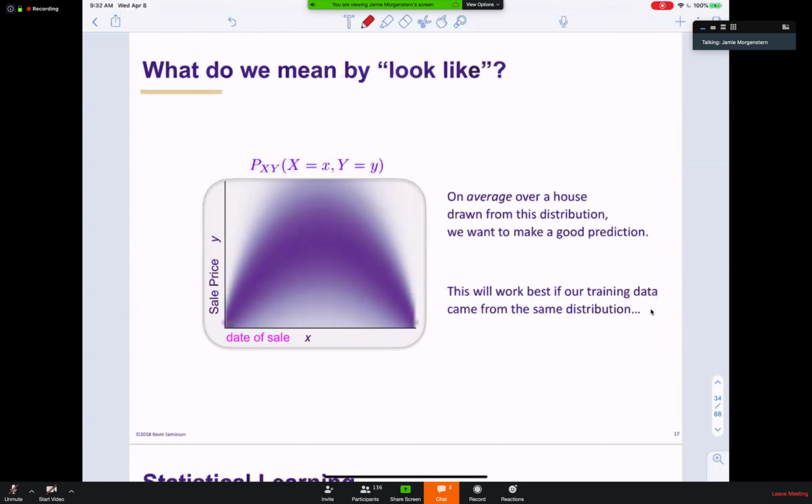And we want our model to do a good job predicting sales price from date of sale for a random draw of a house from this distribution. And as I'm mentioning here, it will be very difficult to do that if our training data doesn't also come from the distribution where the new predictions we want to make are coming from.